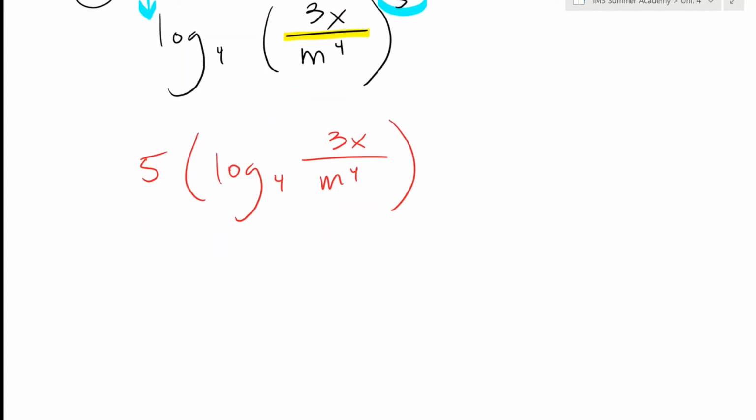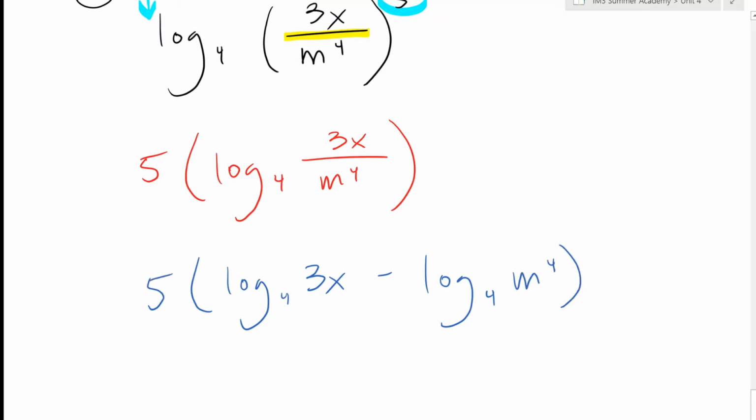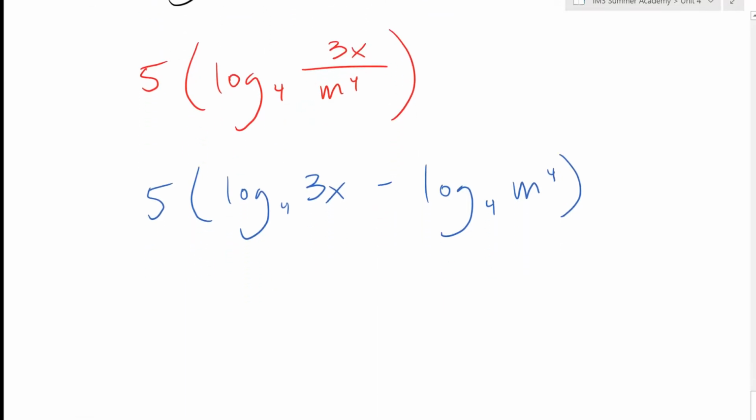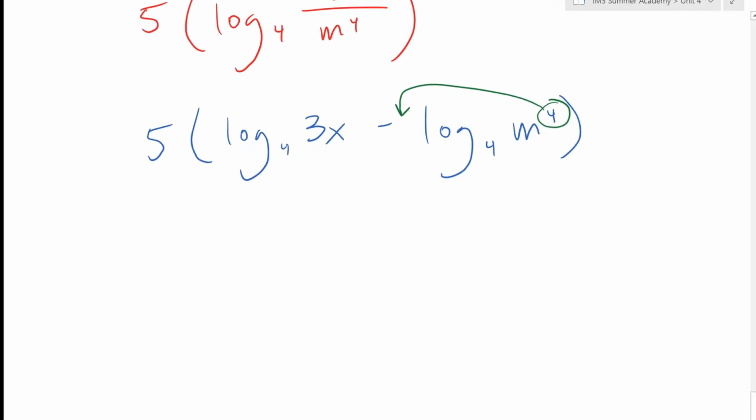Okay, now I'll split that division into subtraction with a log base 4. The first piece goes here, minus log base 4, m to the 4, still 5 outside. And what they're going to ask you to do is, again, move this exponent, but that's only connected right here. It doesn't go in front of the 3 part.